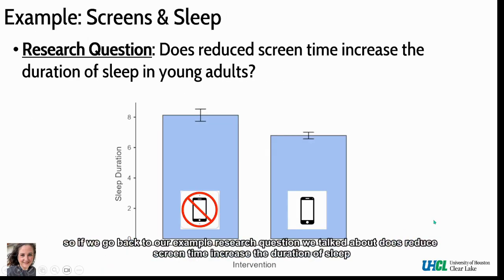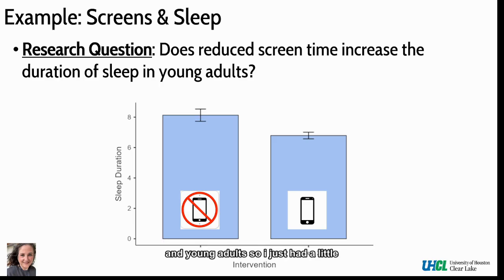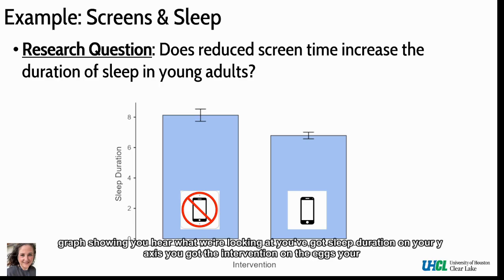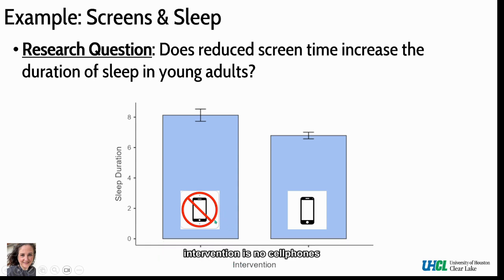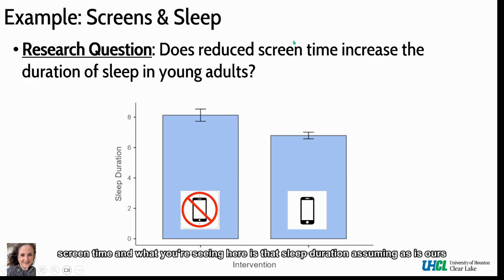So if we go back to our example research question, we talked about, does reduced screen time increase the duration of sleep in young adults? I just have a little graph showing you what we're looking at. You've got sleep duration on your y-axis. You've got the intervention on the x-axis. Your intervention is no cell phones versus cell phones or electronic device screen time.